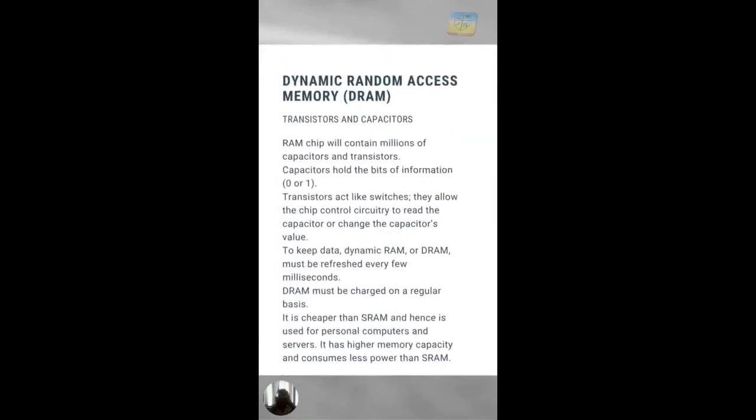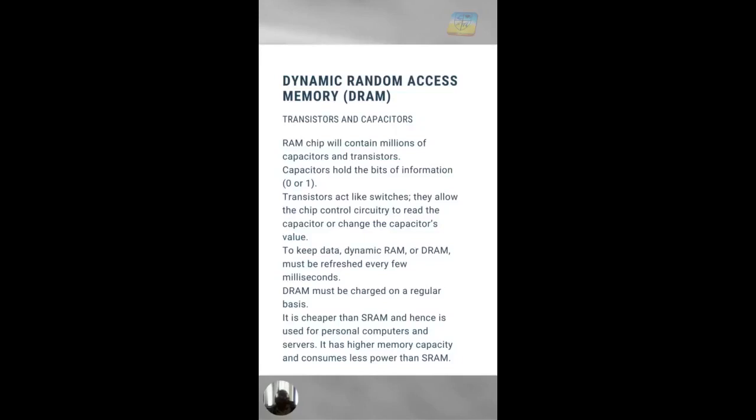When we say dynamic random access memory, we are talking about that part of the computer memory which is made up of transistors and capacitors. The total memory is a computer chip that contains millions of capacitors and transistors that hold information in zeros and ones. The bit 0 refers to off, 1 refers to on.